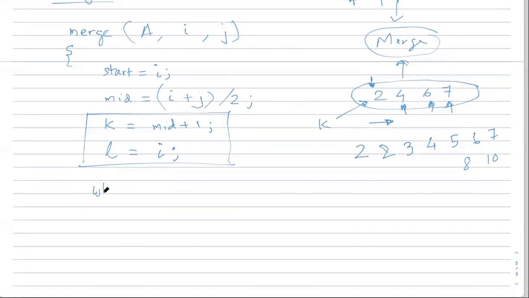Okay. Now we run a while loop. So while I is less than equal to mid and k is less than equal to j.